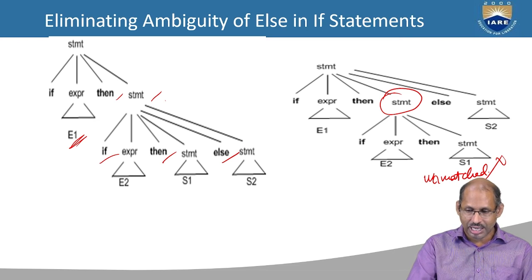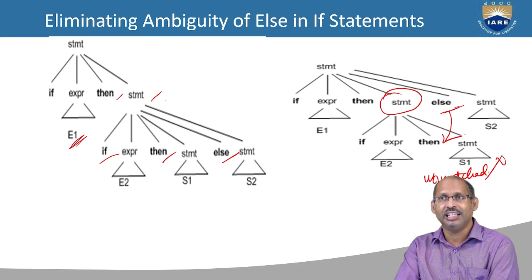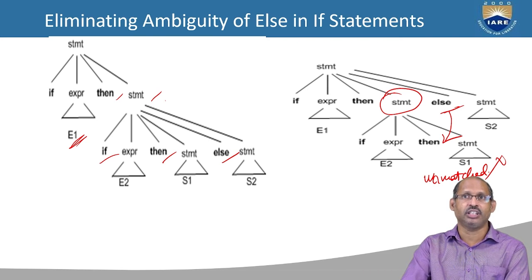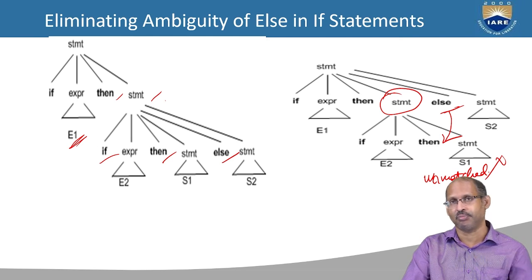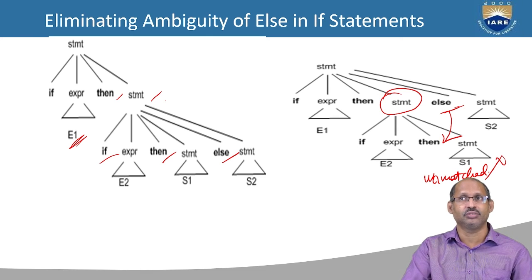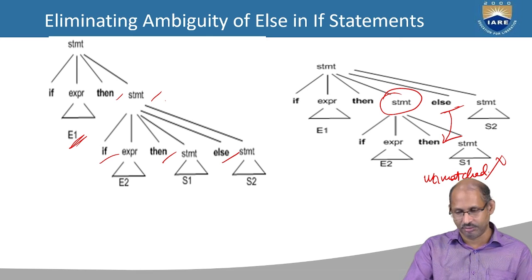So this else part must be considered for the nearest one. The else part is considered to match with the nearest unmatched if-then statement. Any else statement in the input must be considered as the else for the nearest unmatched statement.